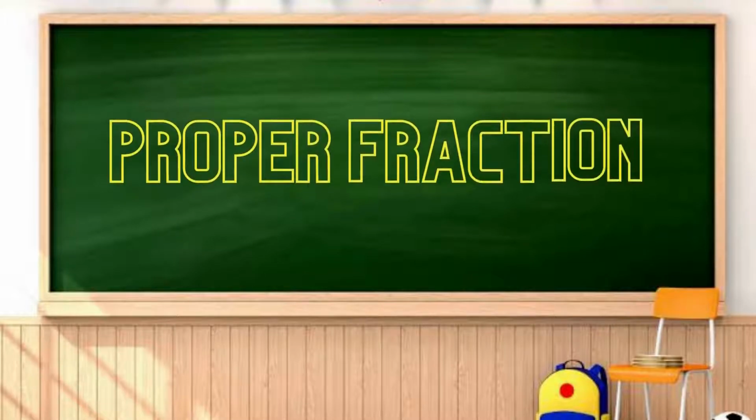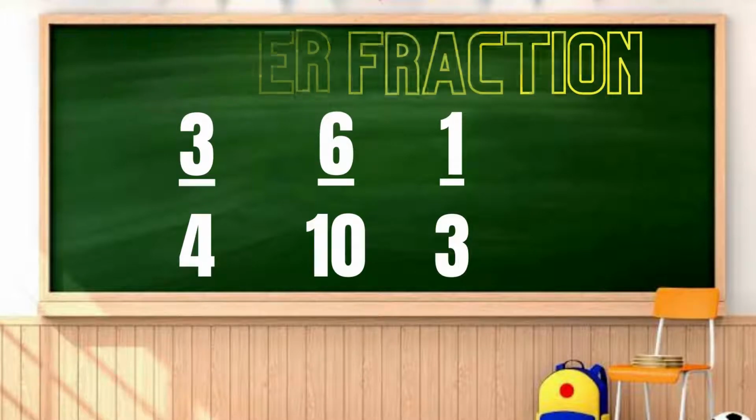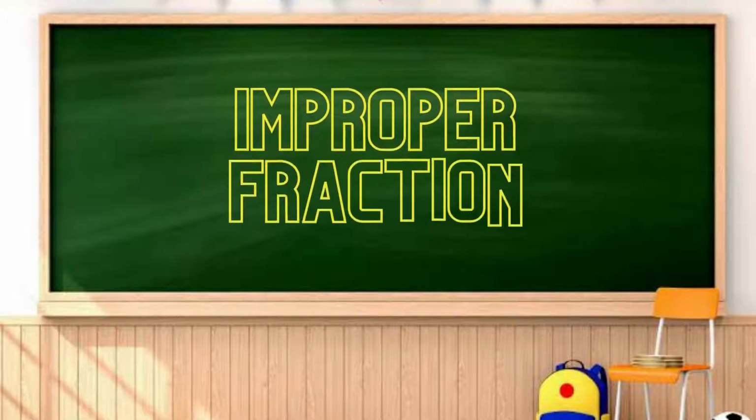Next, we have proper fraction. In a proper fraction, the numerator is smaller or less than the denominator. Example, 3/4, 6/10, and 1/3. And for the last word, we have improper fraction. In an improper fraction, the numerator is bigger or greater than the denominator.